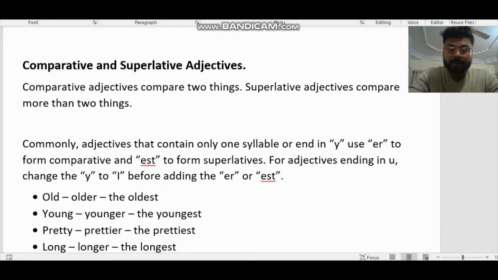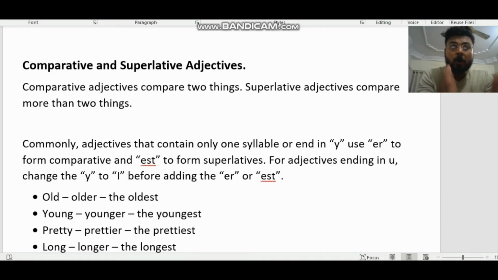And superlative adjectives basically compare more than two things, right? Because comparative is to tell the comparison, and superlative is to tell the superior. Whatever is the most superior, there we talk with the superlative adjectives.